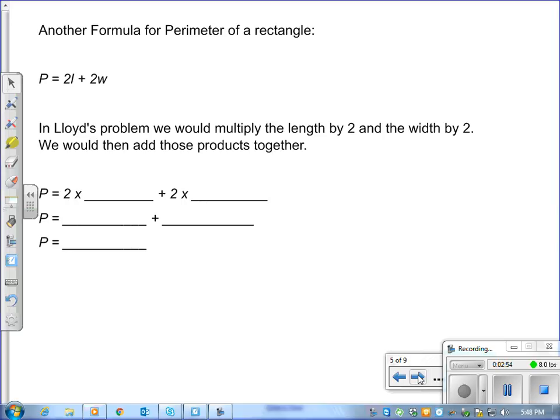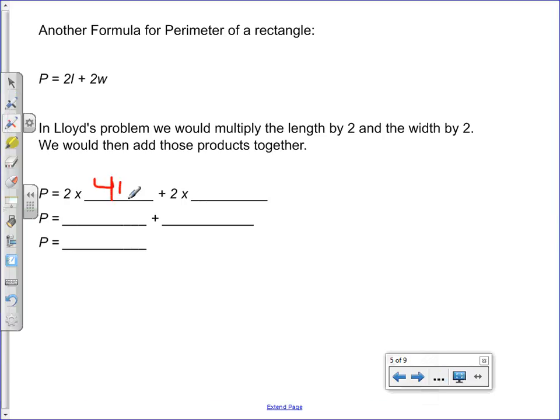Another formula you can use for perimeter of a rectangle, since a rectangle has opposite sides that are congruent, is 2 times the length plus 2 times the width. So in Lloyd's problem, we can multiply the length by 2 and the width by 2 and then add those products together. His length was 40, so we would do 2 times 40.